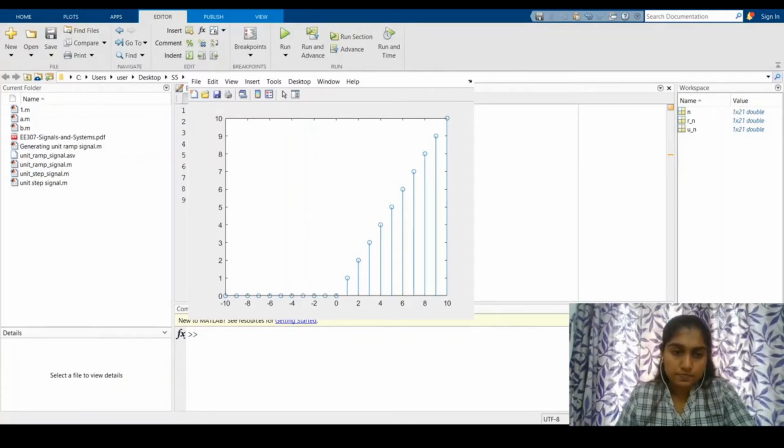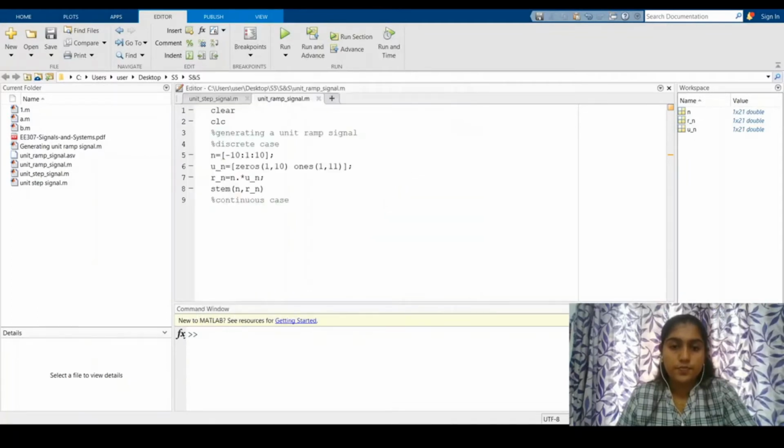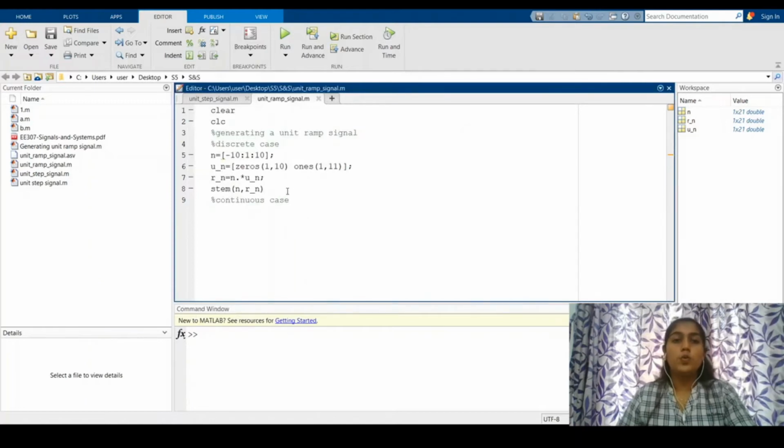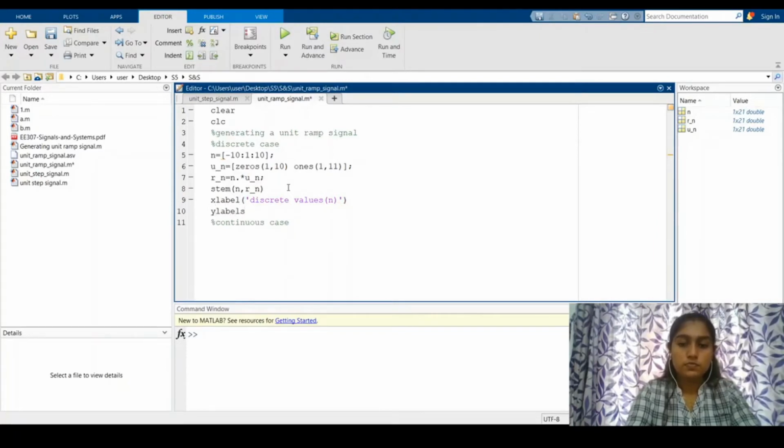So we can just close this one. Yes, now I can just show you how we can give the x label and y label. We can just give xlabel, and here we can give the x label as discrete values n, right? And you can give the y label as well. You can give it as amplitude, right?